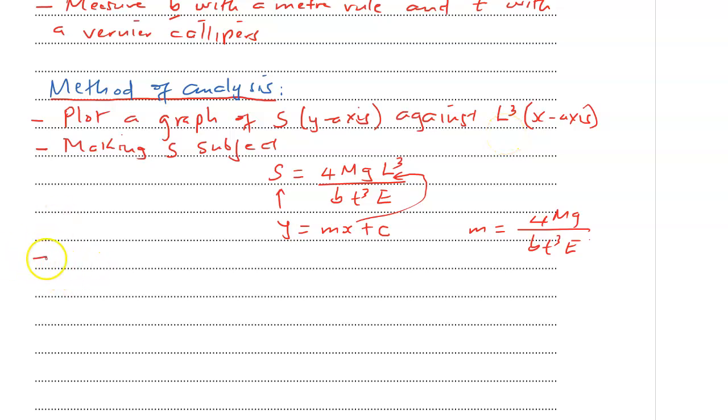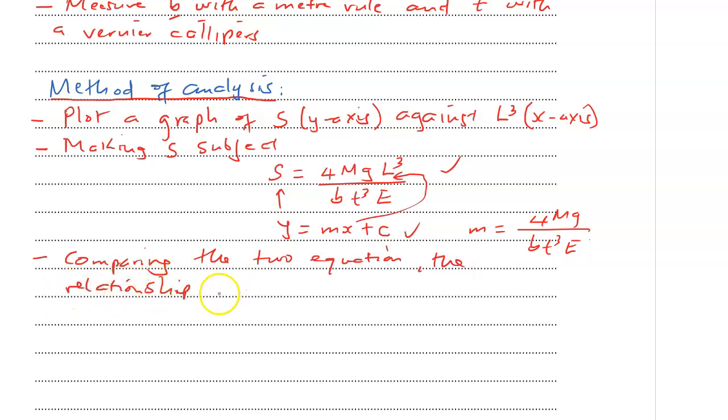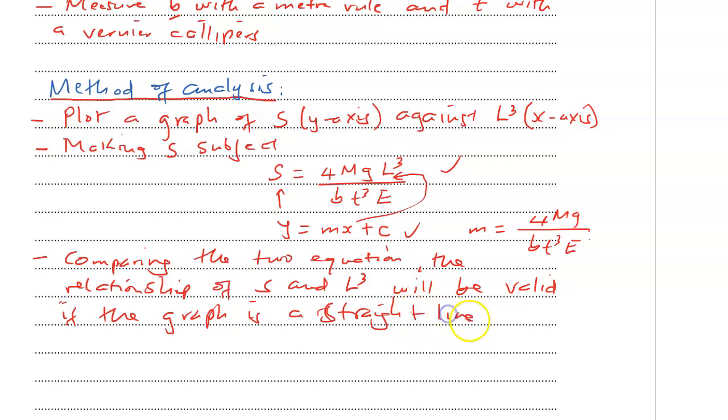So you can say that comparing the two equations, that is this equation and the equation of straight line here, the relationship of S and L cubed will be valid if the graph is a straight line graph through the origin.